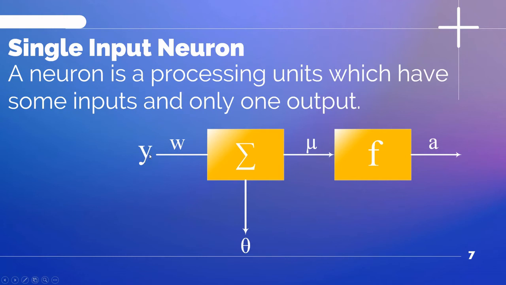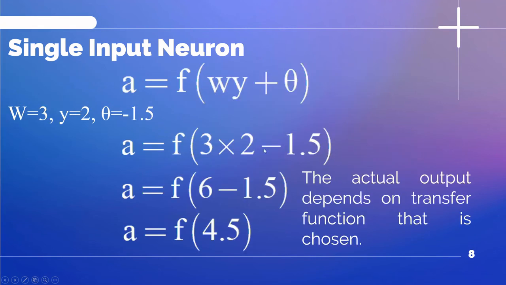Here we have a single value, y, and we assign one weight, w, and this sum means we are summing because we solve this with the help of linear transformation. So mu is equal to yw plus theta, and here we apply a function f, which is called the transfer function. So a is equal to f of wy plus theta.